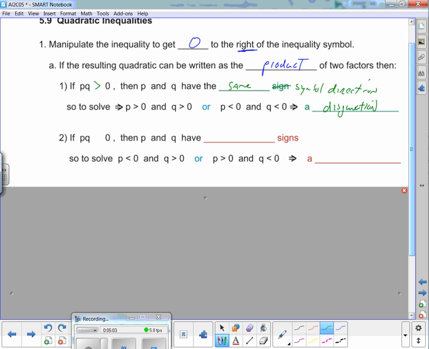Second scenario, of course, is if the symbol goes the other way, less than. Then P and Q have opposite symbol directions.